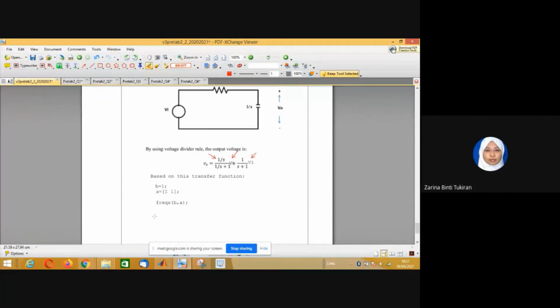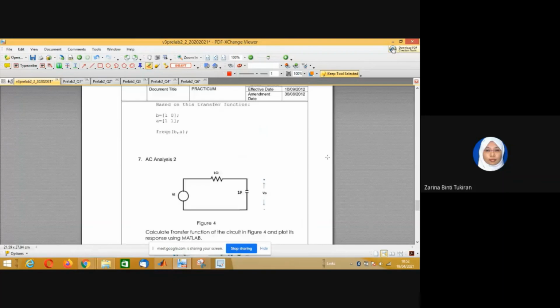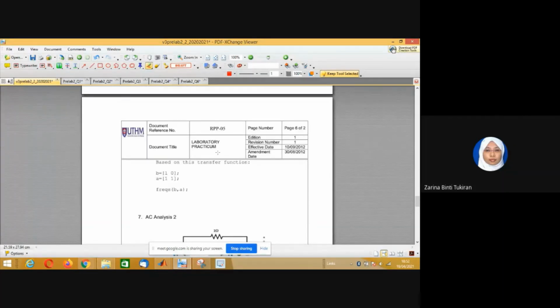When you want to set the input values for B and A and analyze it, you will get B equals to 1 and A equals to 1 and 1. Then you plot it by using freqs. So that's all for question number 6. The same steps you can implement for question number 7.